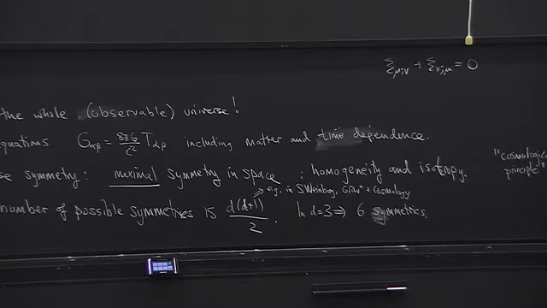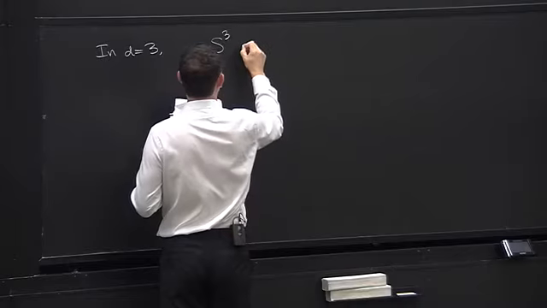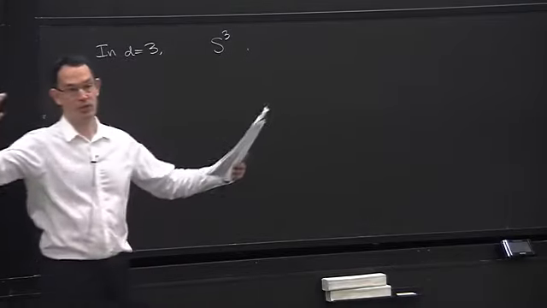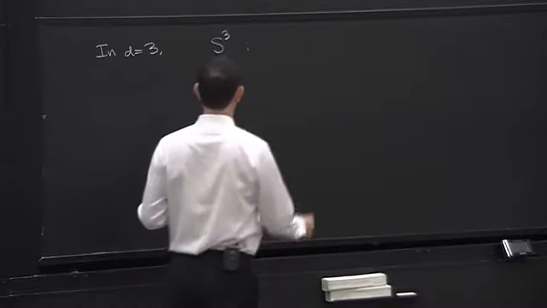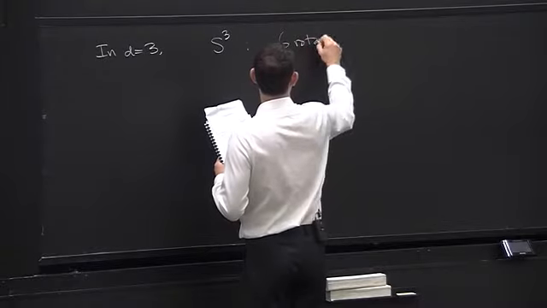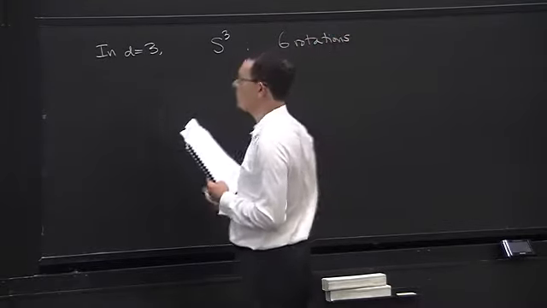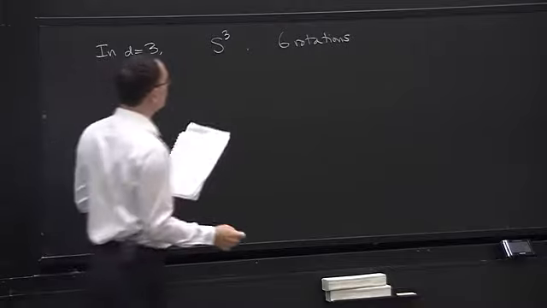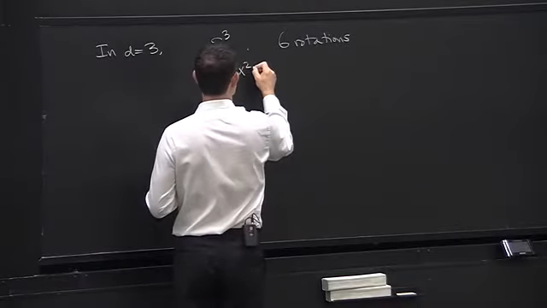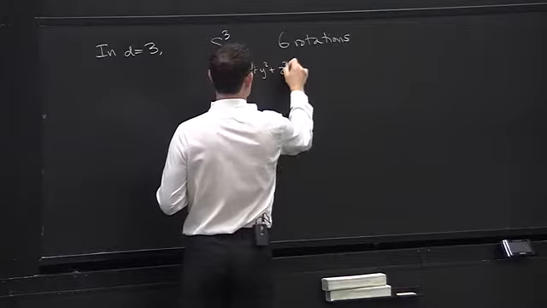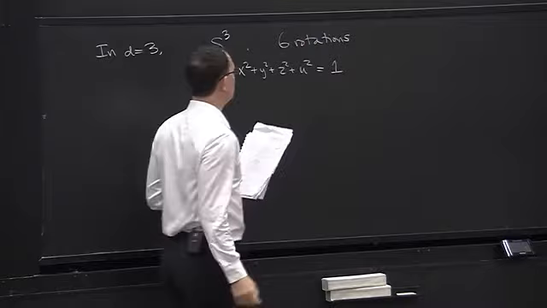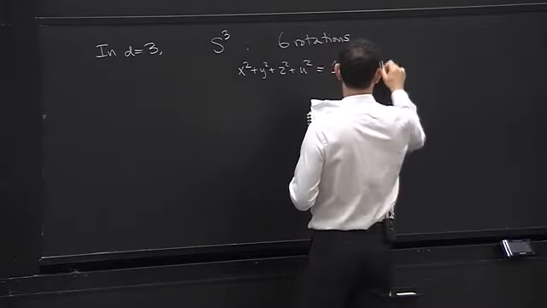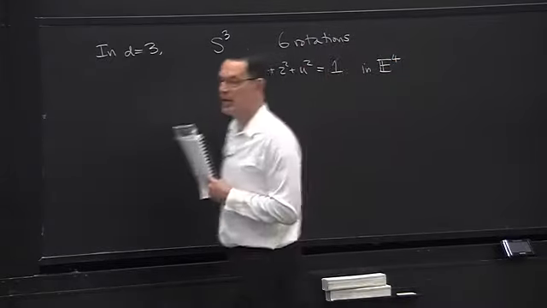In d equals 3, we get a 3-sphere. Okay, so the 3-sphere looks pretty symmetrical. And indeed, it has 6 rotations. You can think of a 3-sphere as just the solution to this equation, x squared plus y squared plus z squared plus u squared equals 1 in 4-dimensional Euclidean space.